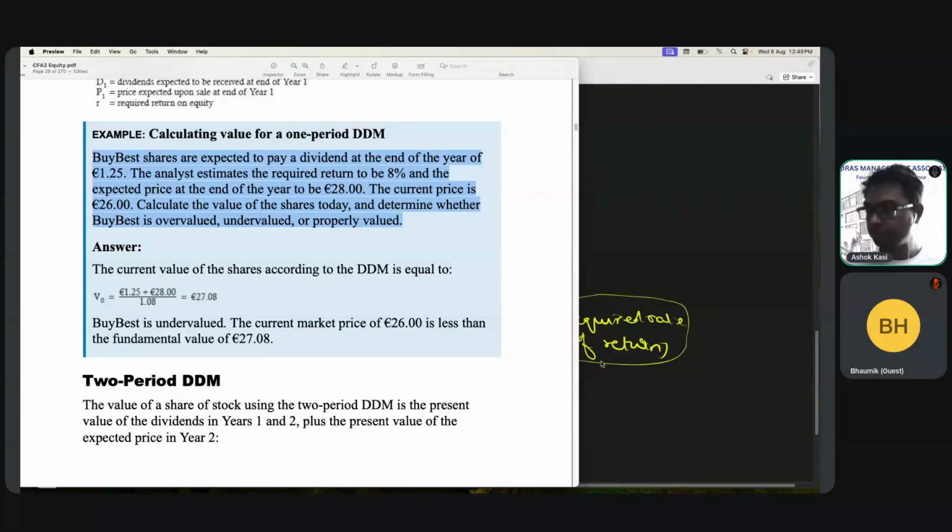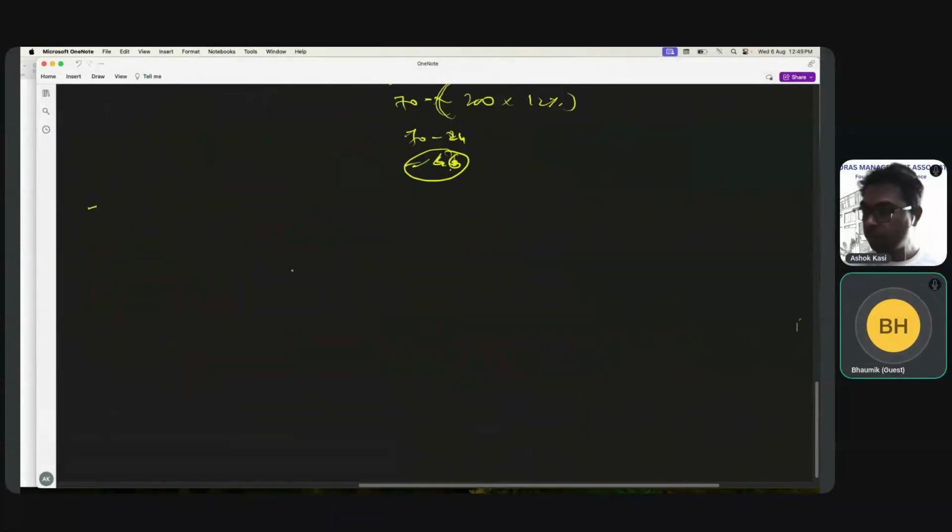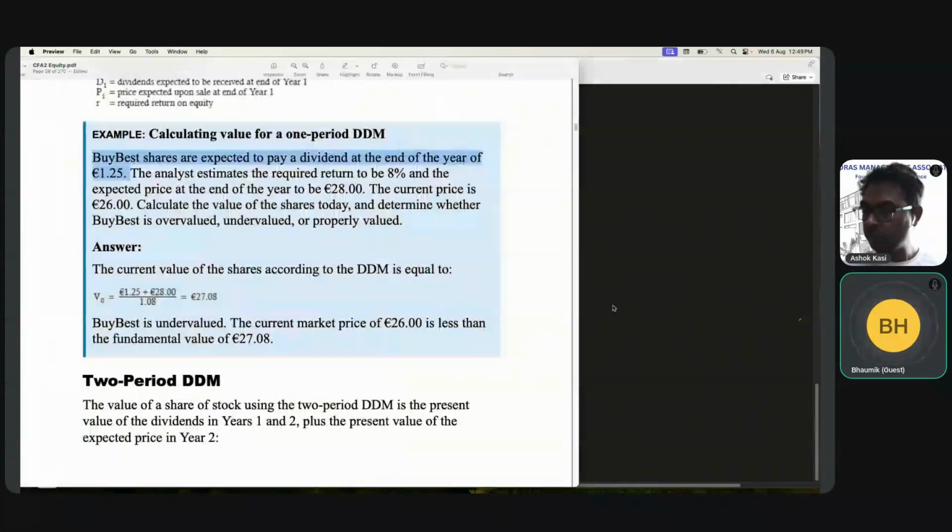Best Buy shares are expected to pay a dividend at the end of the year of 1.25.